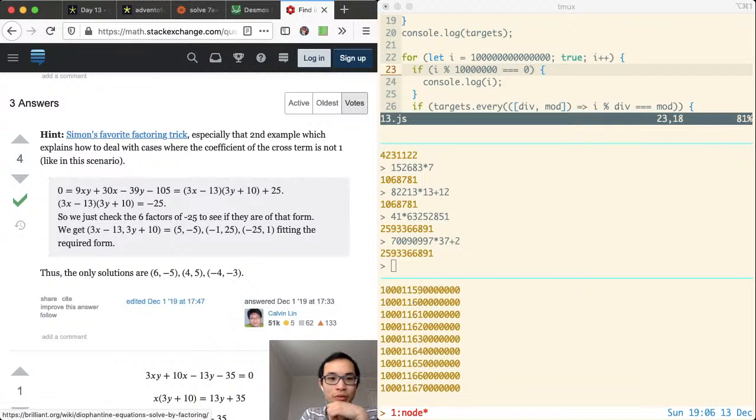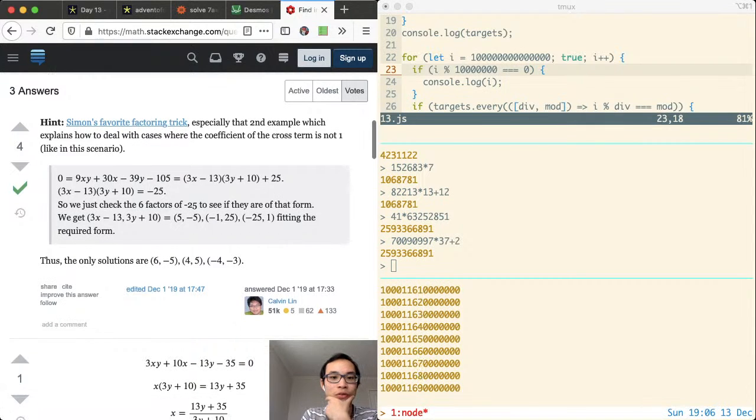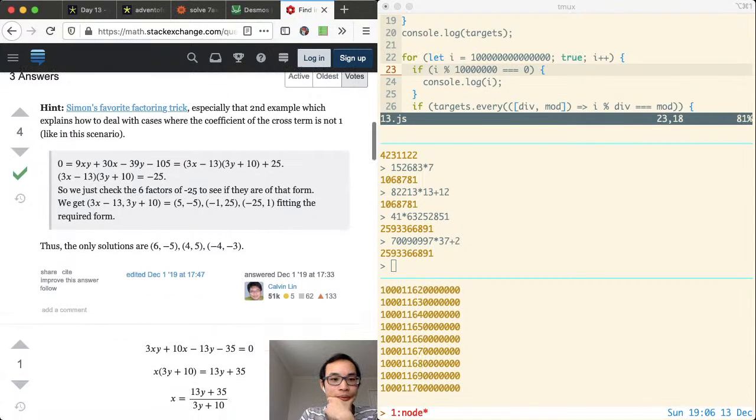Diophantine equations solved by factoring, especially the second example, which is how to deal with cases where the coefficient of the cross term is not 1. We want to do something equals 0. 7a plus 13b minus 13b minus 12 equals 0. 7a minus 13b equals 12. Or we cross multiply, right? Oh, how do we, no, we can't do that.